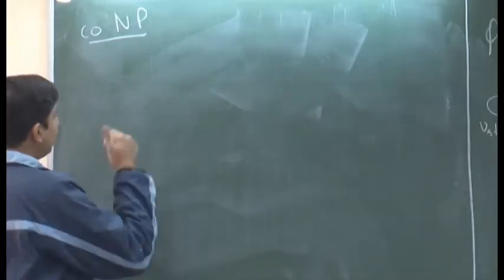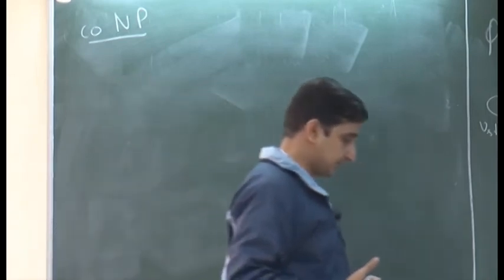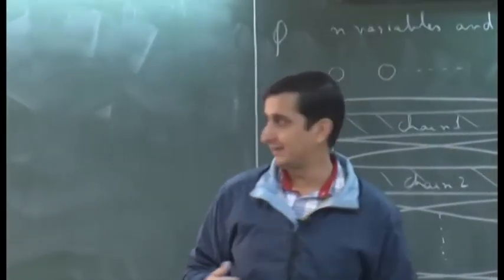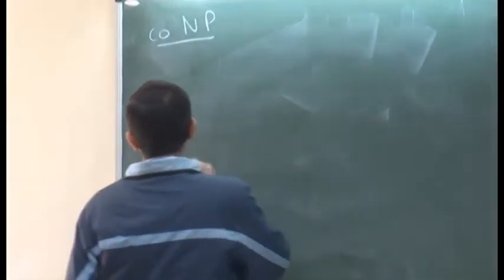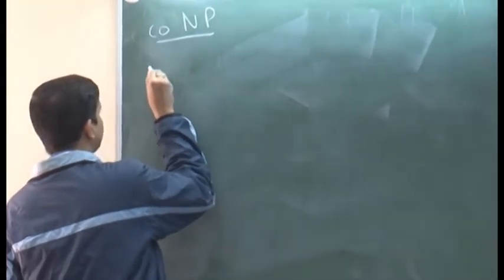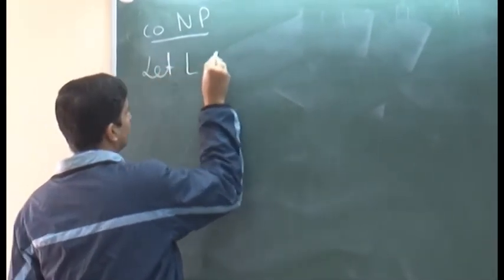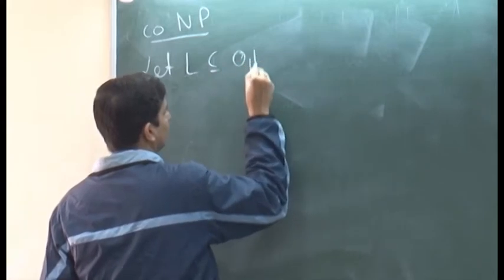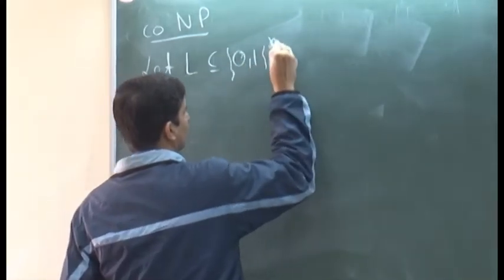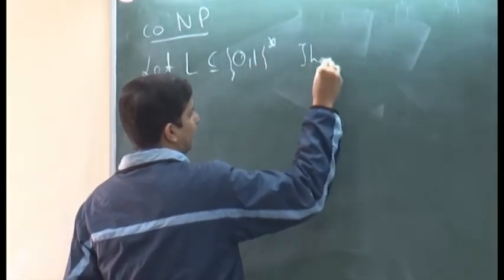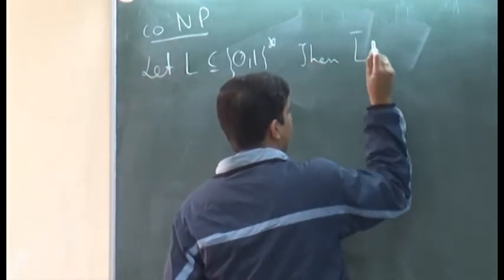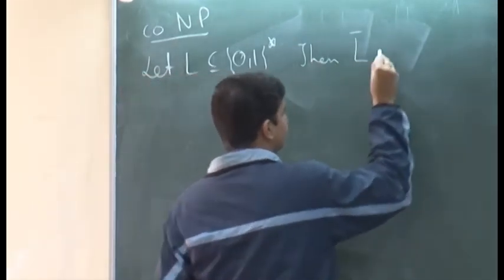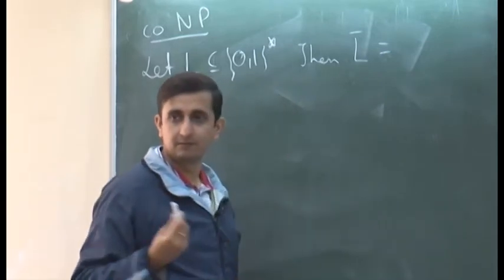First, let me define what it means to talk of the complement of a language. Suppose you are given a language L, then what is the definition of L complement?